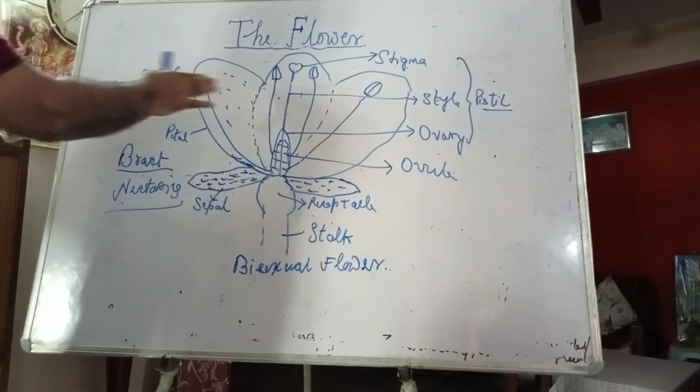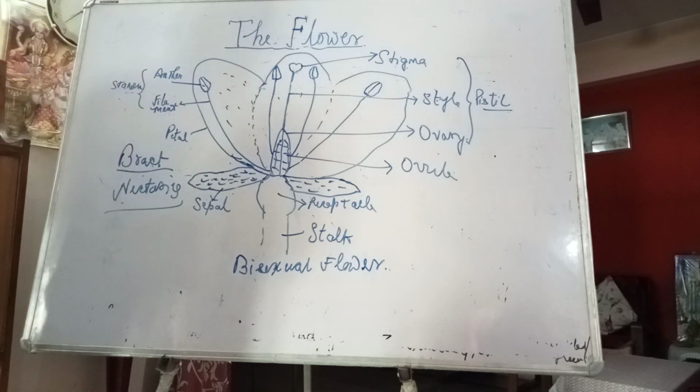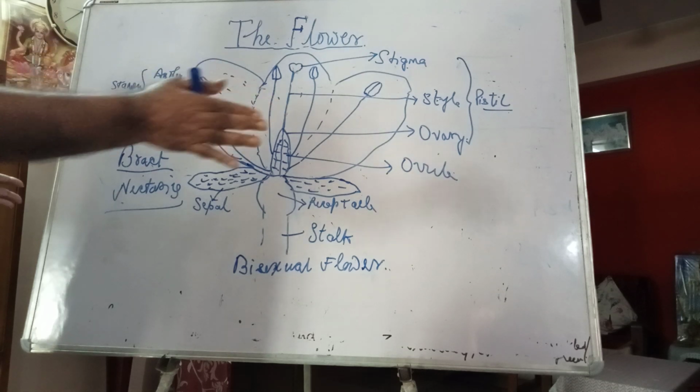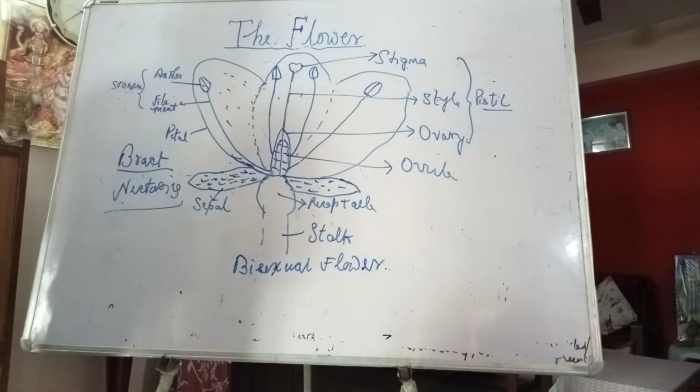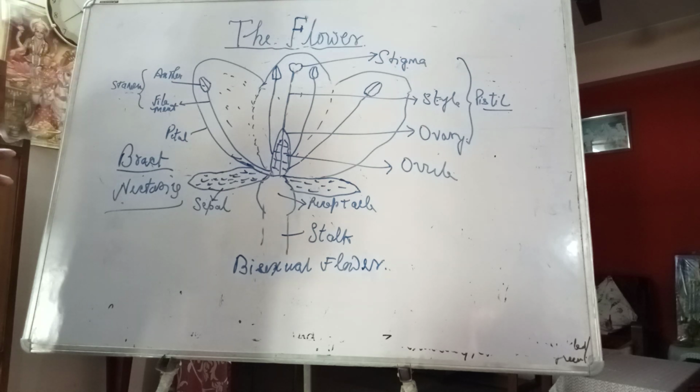And about the reproductive parts, that is the essential parts of the flower, again, in a little detail, it is the arrangement of the stamens that you have to remember. The stamens can be free, that is polyandrous, but they can be in bunches also.